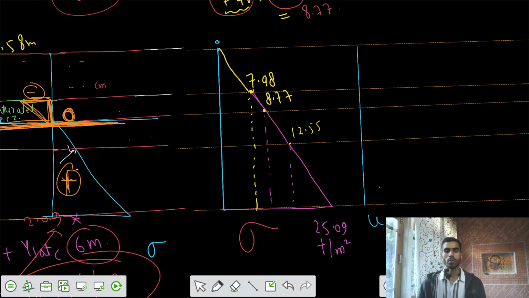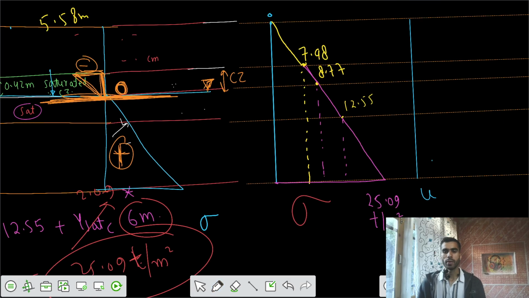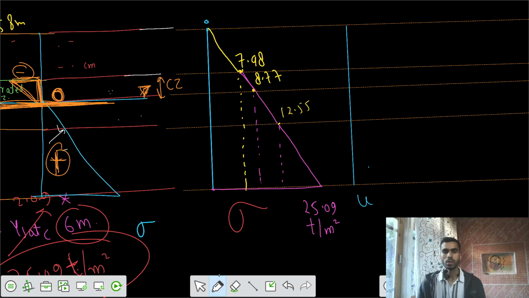Let's go for the value of u. Your water table is here, but this is your capillary zone. In the capillary zone we are having negative pore water pressure. This part is negative, and zero value is there at the groundwater table.